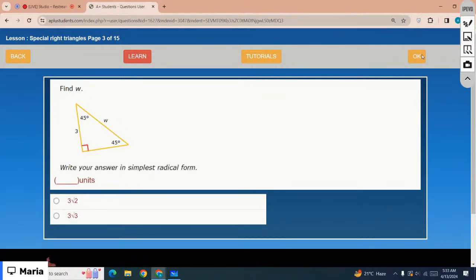Okay, find W, which is the correct option. Whenever you need to calculate the length of the hypotenuse, you have to do the length of the shorter leg times square root 3.